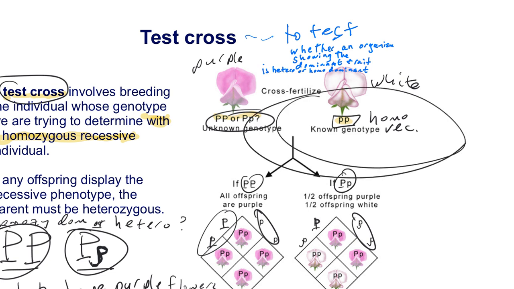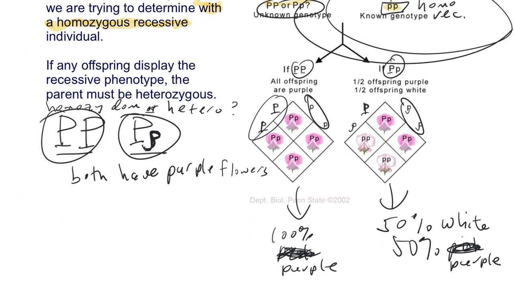If you get any individuals in the offspring that have the recessive trait, the white flowers in this case, then you know that the parent was heterozygous. But if you only get the dominant trait in the offspring, then you know that the parent was homozygous dominant.